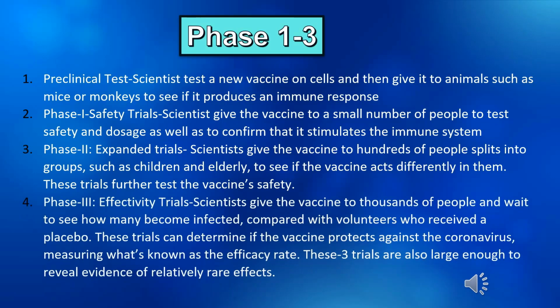Phase 3, efficacy trials: scientists give the vaccine to thousands of people and wait to see how many become infected, compared with volunteers who received a placebo. These trials can determine if the vaccine protects against the coronavirus, measuring what's known as the efficacy rate. These 3 trials are also large enough to reveal evidence of relatively rare effects.